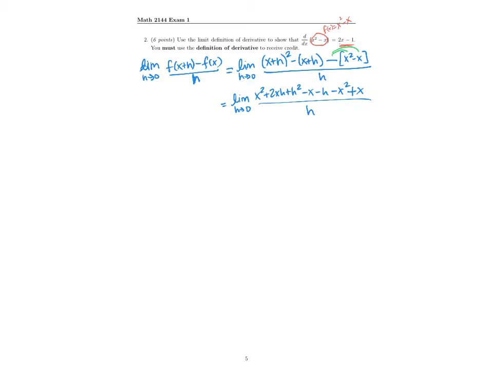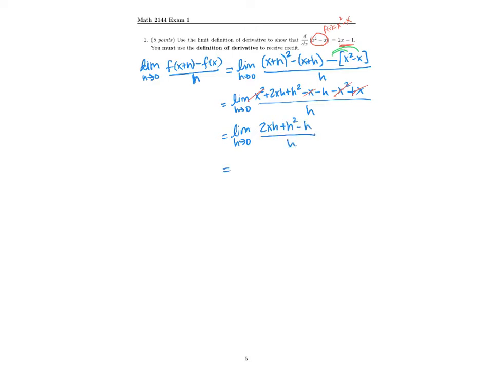And now I want to look for terms that are going to cancel out here. So I have a positive x and a negative x, so that's going to add to 0. I have an x squared and a minus x squared, so that adds to 0. Let's see what's left here once I finish simplifying. I have 2xh plus h squared minus h all over h.